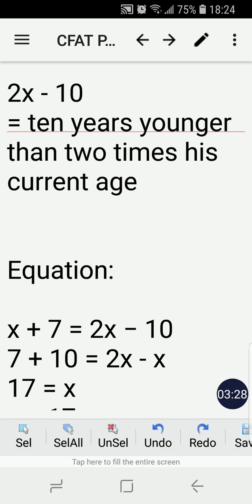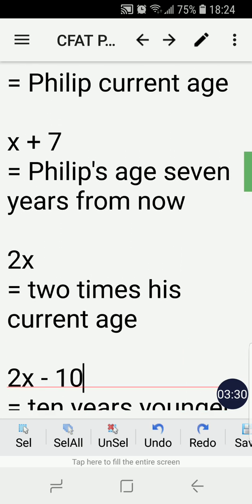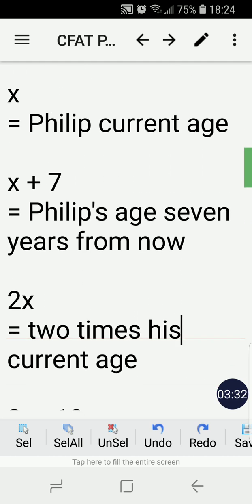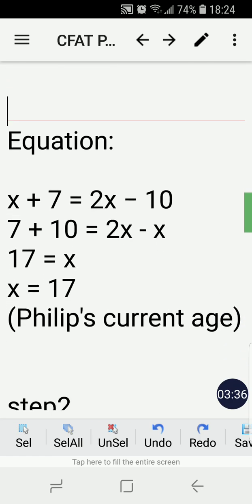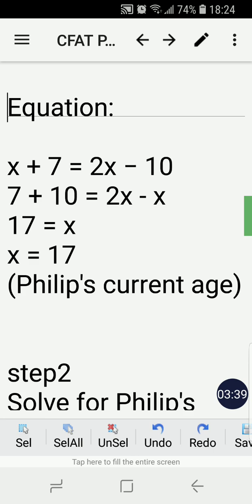Once we converted the expressions into little pieces, we now have to come up with this equation. So then we have x plus 7 is equal to 2x minus 10. Remember that expression, x plus 7 is equal to 2x minus 10.